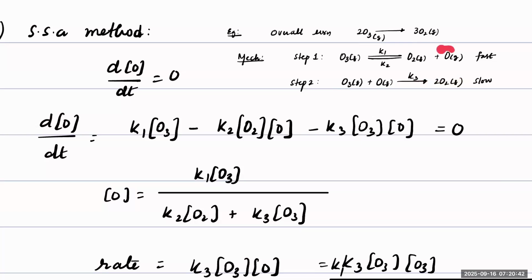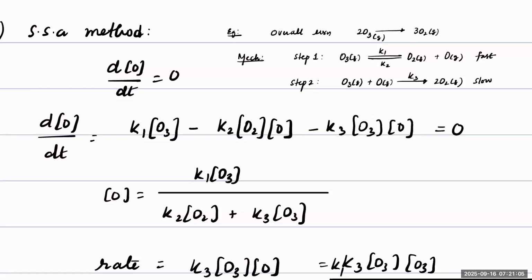So whenever there is a gain of nascent oxygen, it is positive, and whenever it is a loss, it is always negative. So you can see K1 into O3, minus K2 into O2 into O, minus K3 into O3 into O, that is equal to 0.